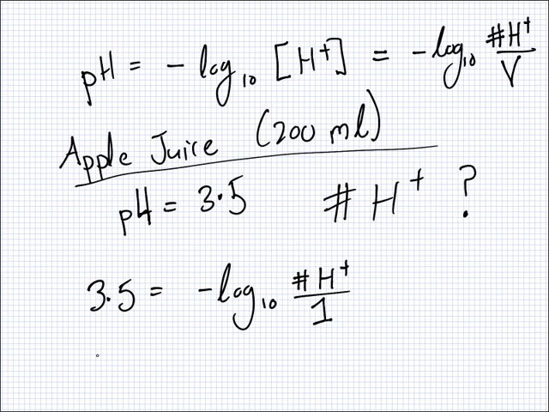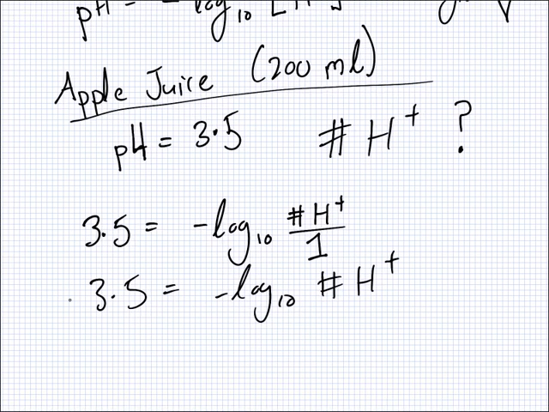So 3.5 equals minus log base 10 of the number of H plus. How can I work out the H plus? I'll take the minus over to the left, and we remember the definition of log: 10 to the power of minus 3.5 is equal to the number of H plus.